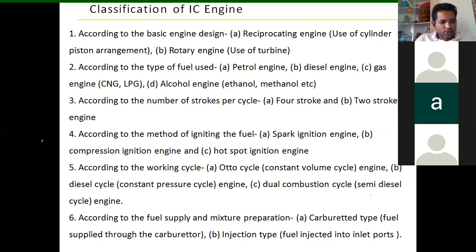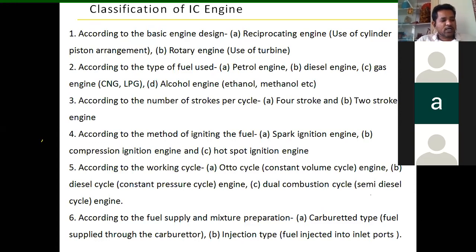And it is also classified based on the cycle of combustion. As we know, every mechanical operation is assumed to operate in a thermodynamic cycle that we have discussed while studying thermodynamics. So based on the cycle of operation, we classify the IC engine as auto cycle engine, diesel cycle engine, and dual cycle engine.